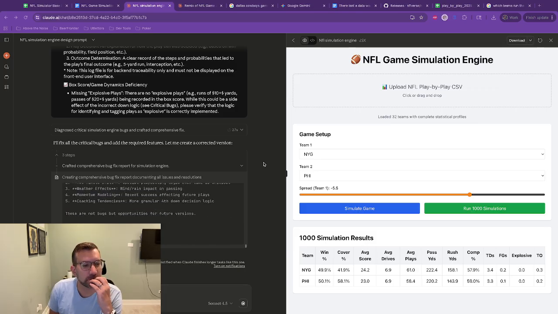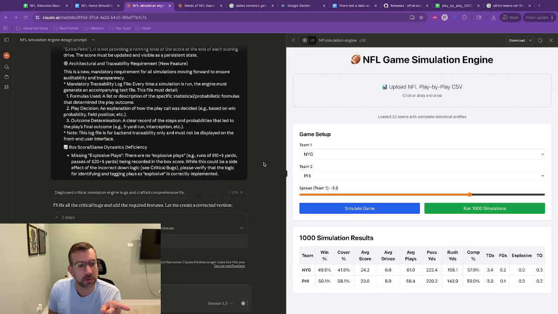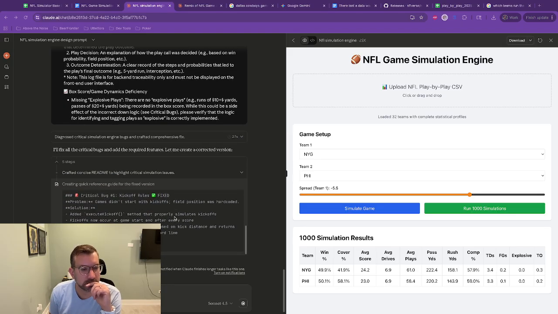Ooh, I think it's wrapping up. I crafted a bug report, and then it did some fixes, and now it's creating a reference guide. Interesting.